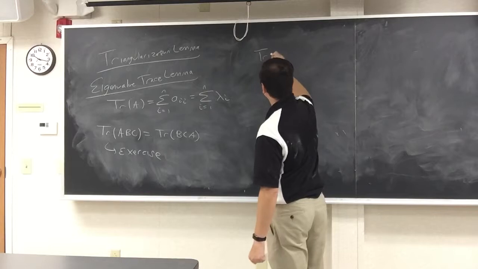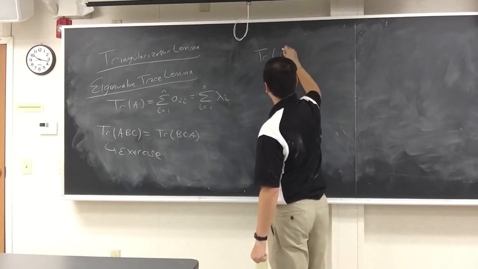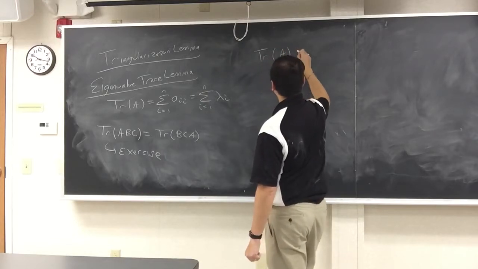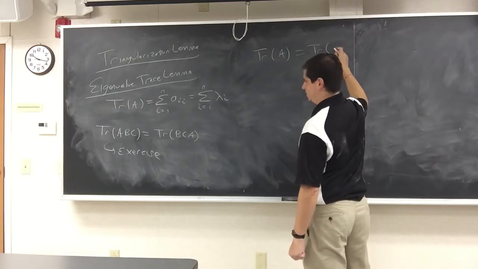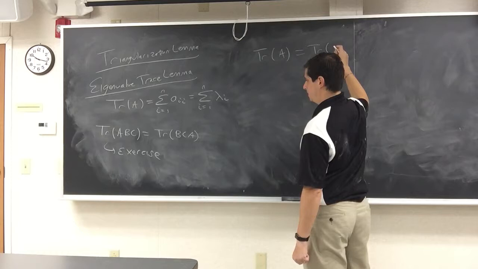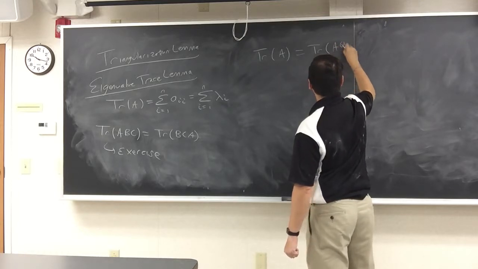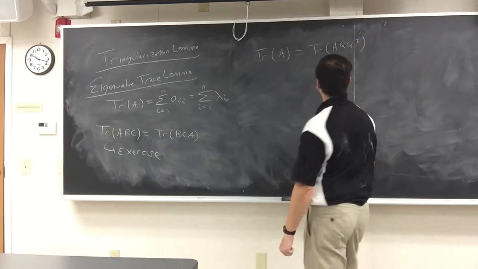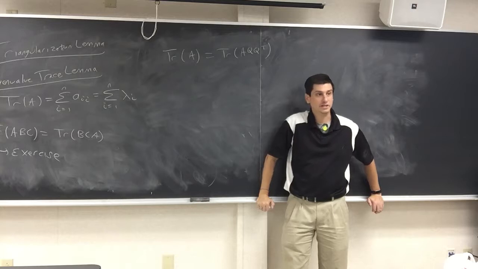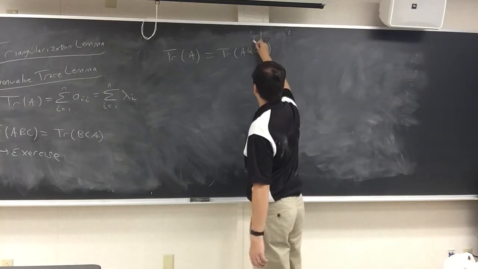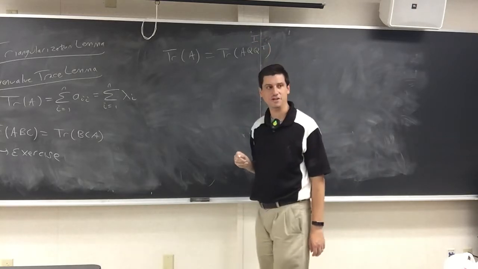So let's look at the trace of A. This is the same as the trace of A Q Q transpose. Because what's Q times Q transpose? It's the identity, right? So by putting in Q Q transpose, I don't change anything.